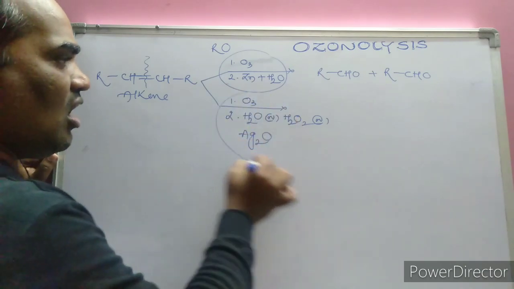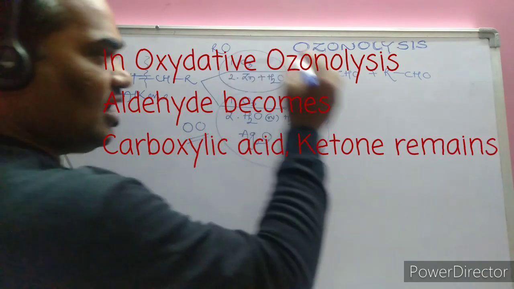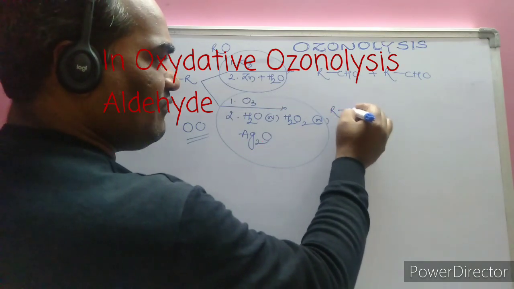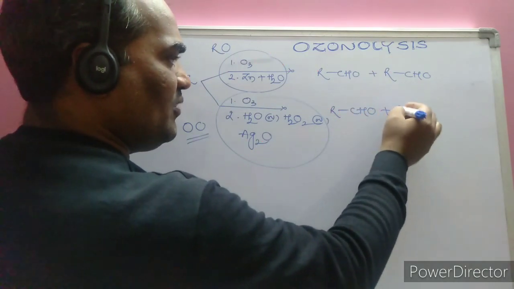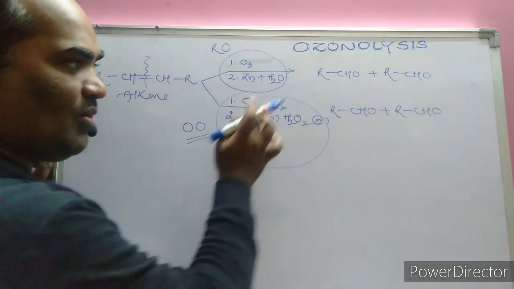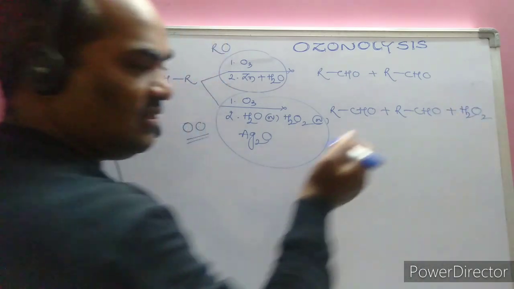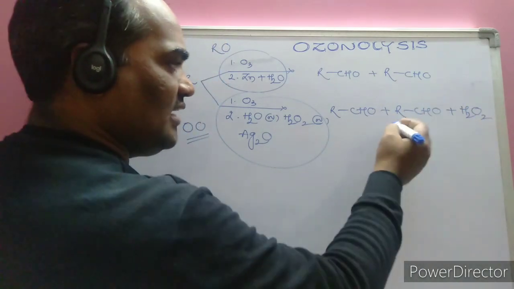Whereas under the oxidative ozonolysis process, the aldehyde will form first, obviously. After the aldehyde forms, the water molecule present gets converted into hydrogen peroxide. Hydrogen peroxide is an oxidizing agent.